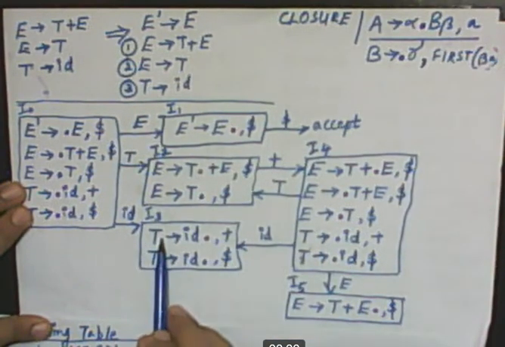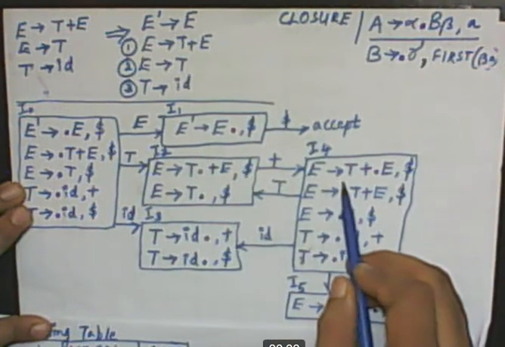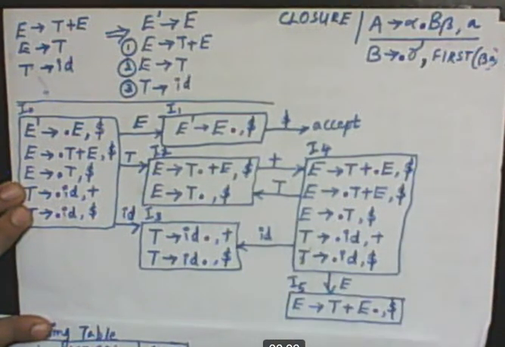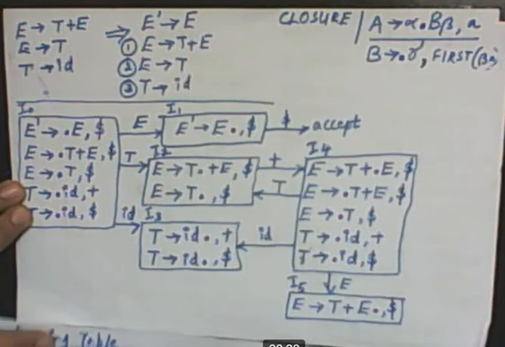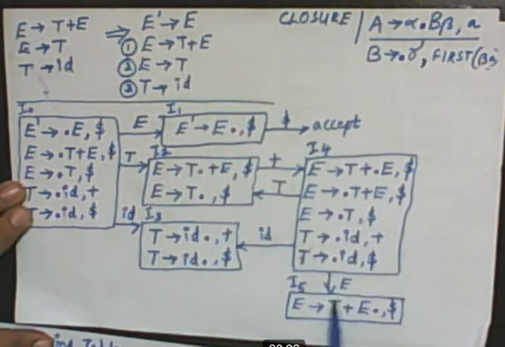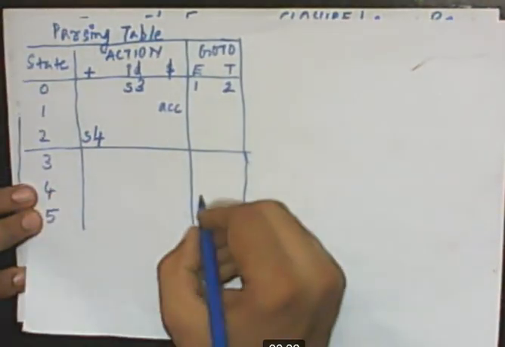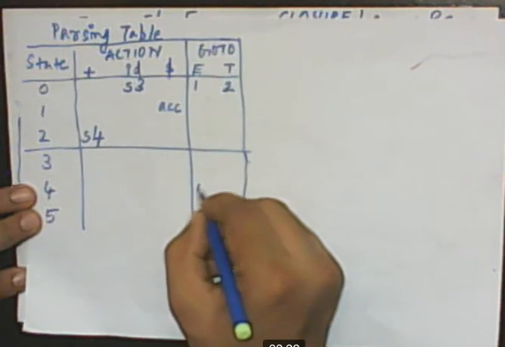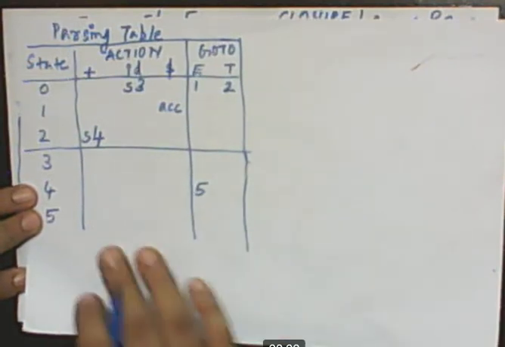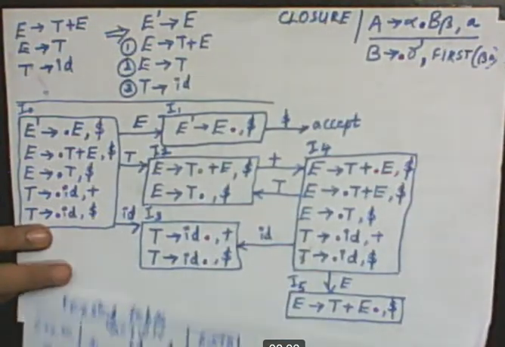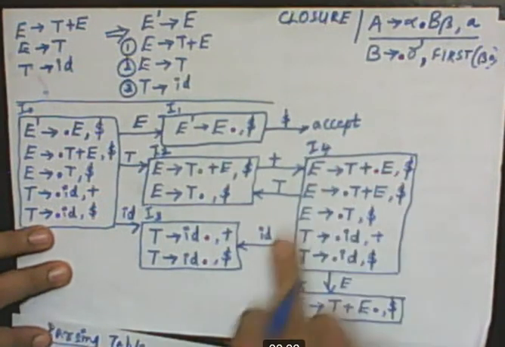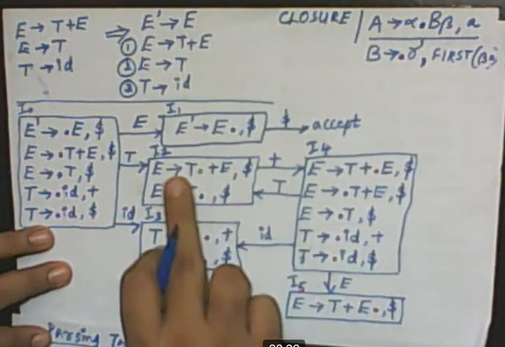For 3 you don't have any more transitions, and on 4 you have 3 transitions. One is E. So 4 on E goes to 5. That is a goto operation. So we mark 5 here. And 4 on T goes to I2.